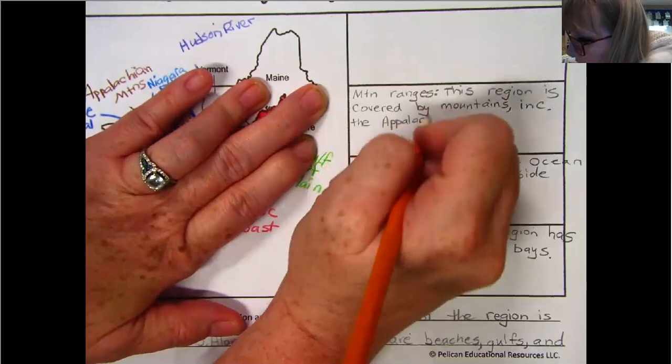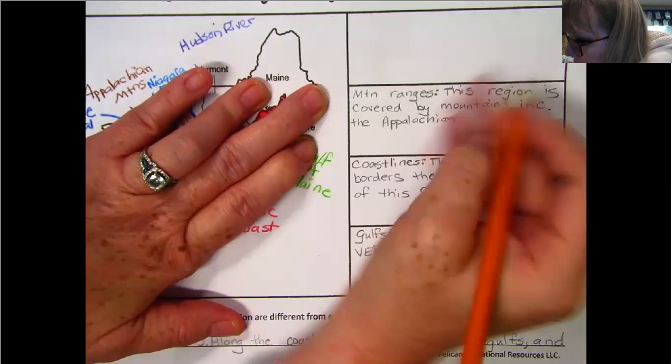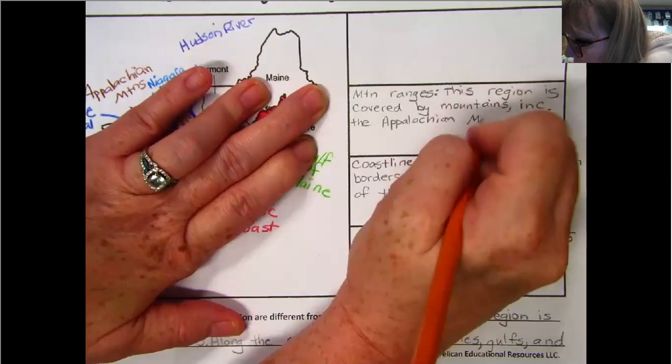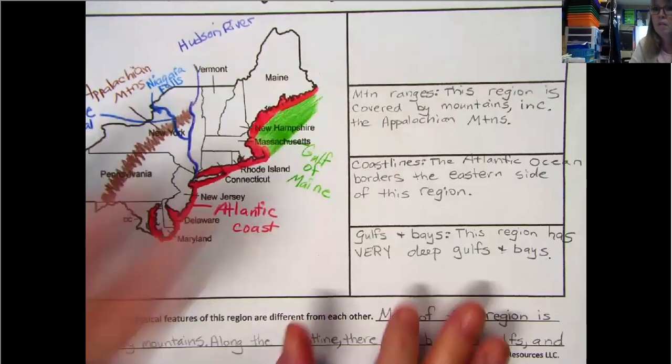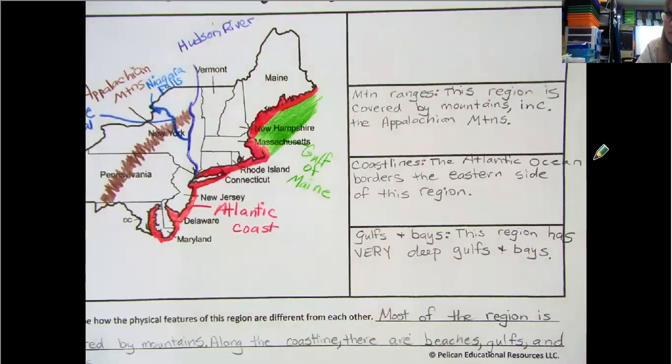So there are other mountain ranges, but these are the ones they want us to know. Okay. This region is covered by mountains, including the Appalachian Mountains.